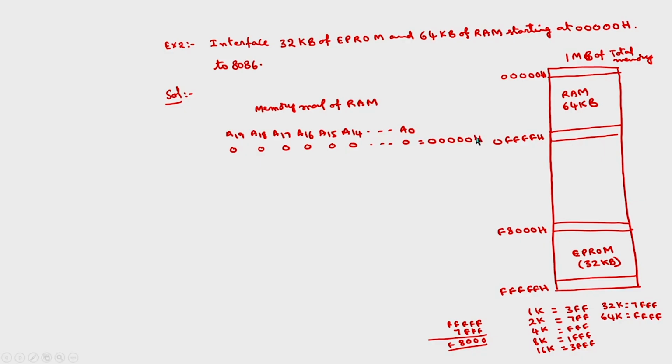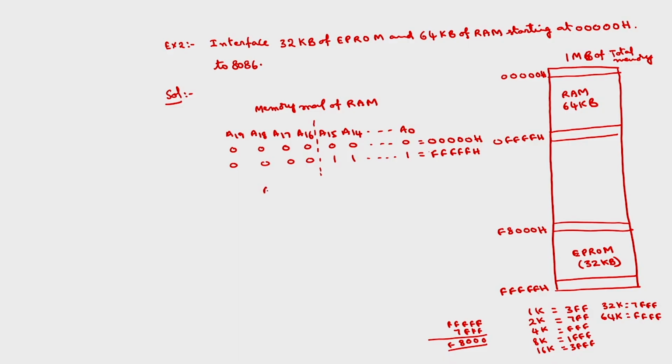Ending address is 0FFFFH: 0 is four zeros, FFFF means all ones. This particular 64 kilobyte memory will have 16 address lines. This is the memory map of the RAM. So A0 to A15 you have to connect to A0 to A15 of the 8086. The only address lines available to find the chip select are A16 to A19.